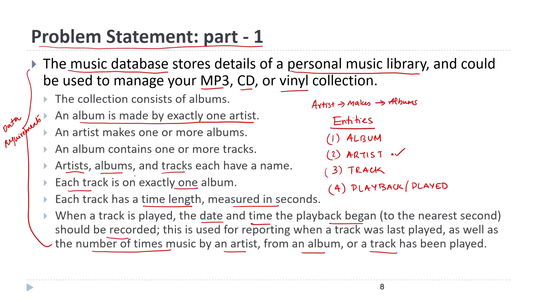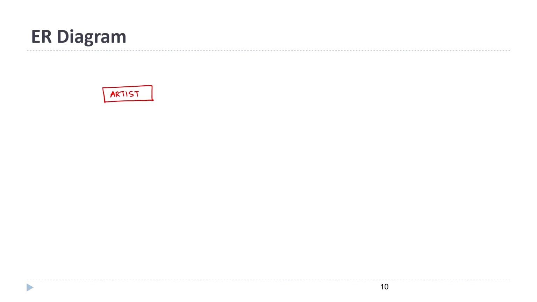Artist, album and tracks have a name. So, in this case we will have an attribute called artist name.